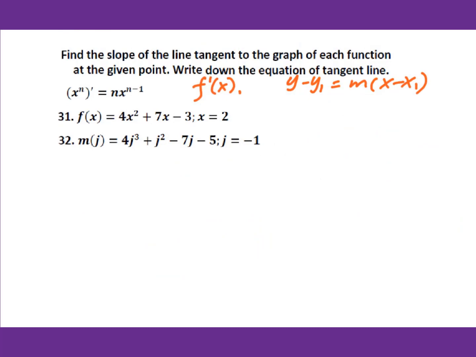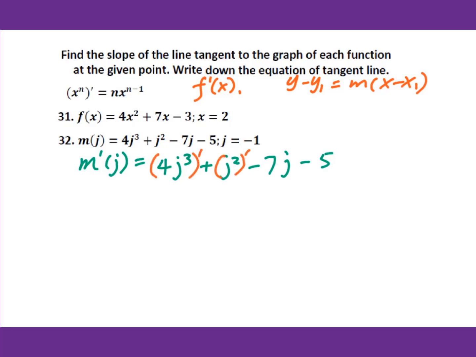Now let's go to 32. M of j equals 4j to the third power plus j squared minus 7j minus 5. j equals -1 is the given point. First of all, we need to figure out the derivative of this function. For each term, we have to take the derivative, then use this power rule.